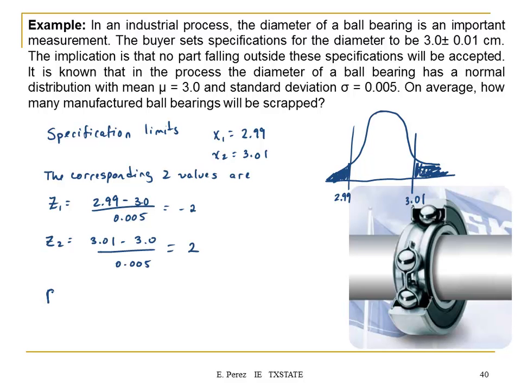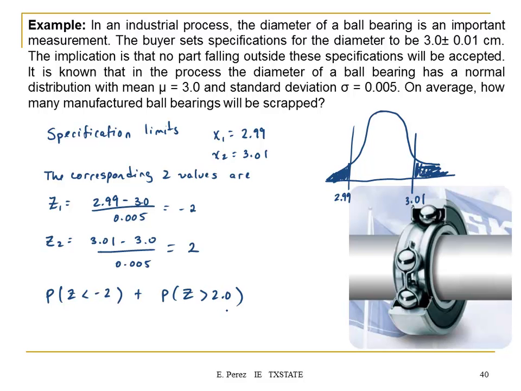So you have the probability of Z being less than -2 plus the probability of Z greater than 2.0. And since it is symmetric, if you find this probability, you'll see from the table that it's the same for this one.